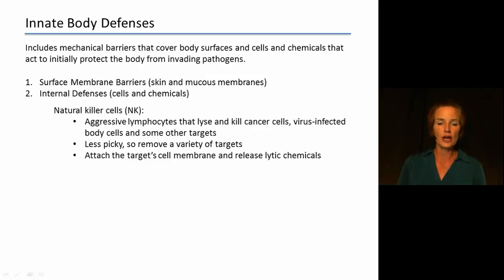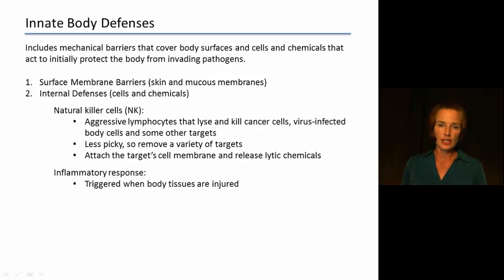These are going to attach to the target cell membrane, and when they attach to that target cell membrane, they're going to release lytic chemicals. Lytic chemicals are chemicals that digest things. So when they do this, they will function to destroy that particular cell that they are attacking. The inflammatory response is also a big part of the internal defenses.